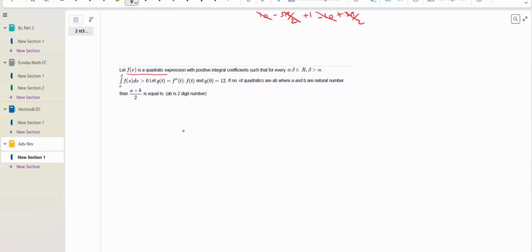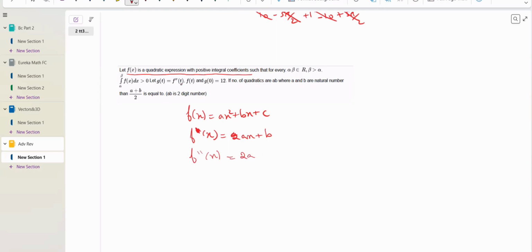A quadratic expression, we can consider the quadratic equation to be some ax square plus bx plus c. Then f single dash of x is 2ax plus b, and f double dash becomes 2a.